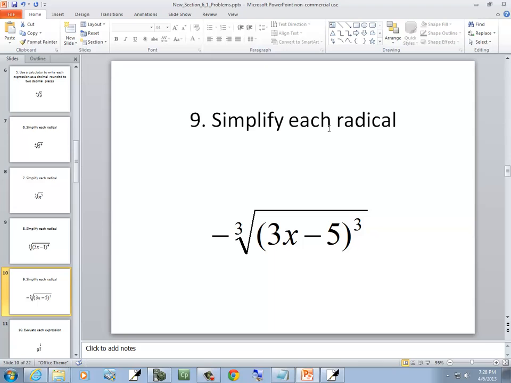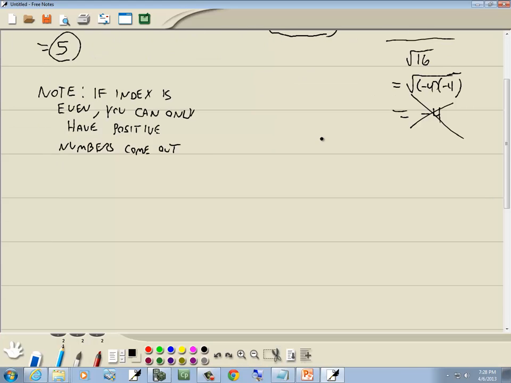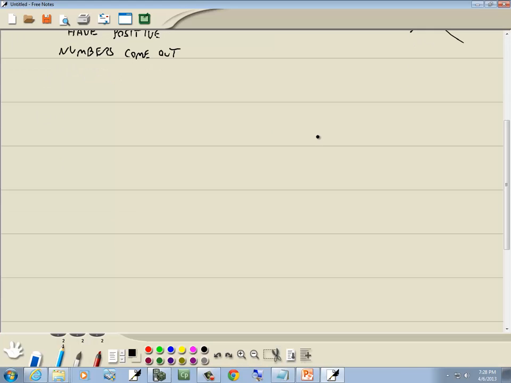Now that only applies to even indexes. It doesn't apply when you have an odd index. So let's look at this next problem. We have negative cube root of 3x minus 5 to the third power. Well, this negative that's out in front doesn't change anything. It just stays out in front.